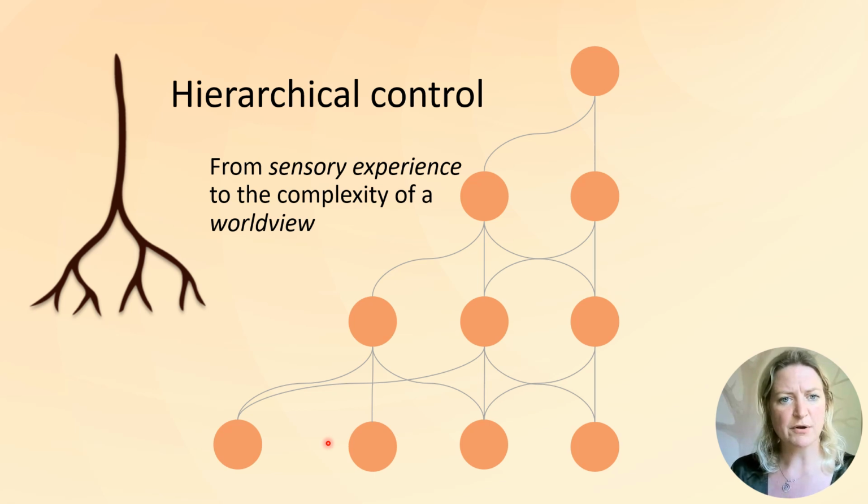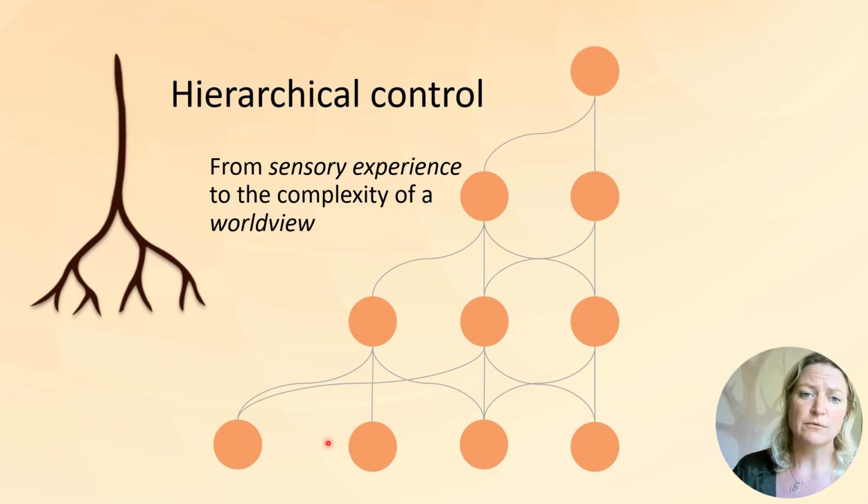So this is where we process basic sensory information like touch or sight or sound. As we move up the hierarchy, each level combines signals from the levels below into a particular type of perception. For instance, from the light on your retina, you construct an image of my hands moving at this moment.